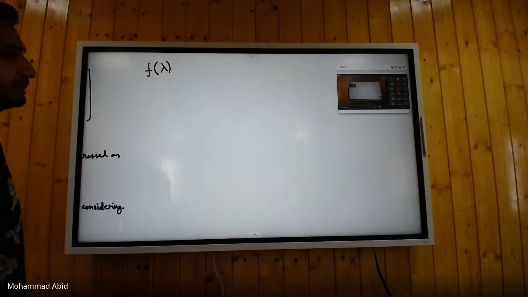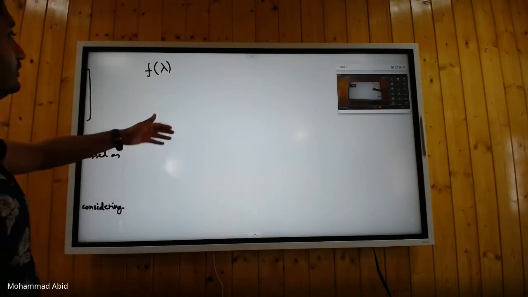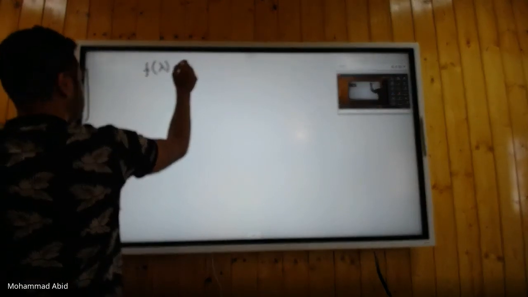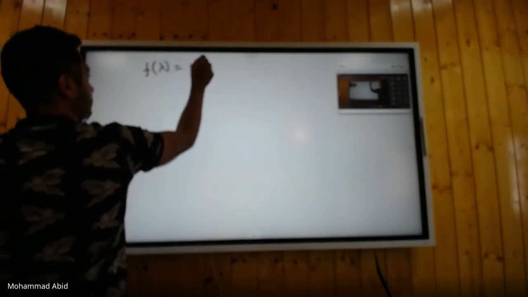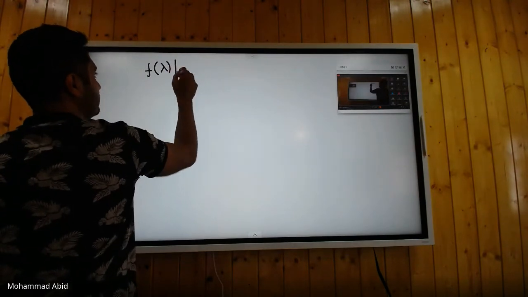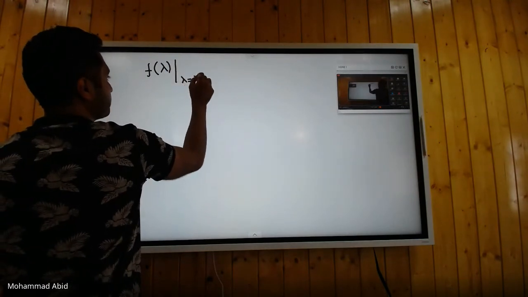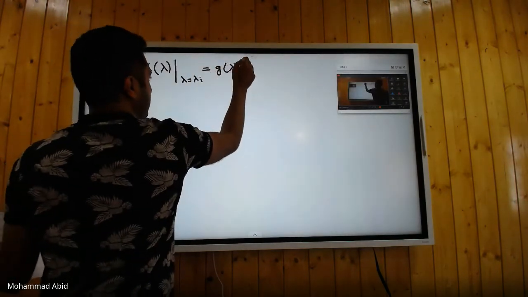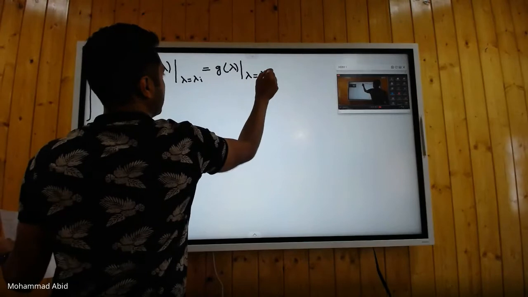अभी तक it was matrix equation, now it's a scalar polynomial equal to g of lambda. अच्छा, f of lambda evaluated at what? Evaluated at lambda equal to lambda i, isn't it? That is equal to g of lambda, again evaluated at lambda equal to lambda i. What are lambda i's?